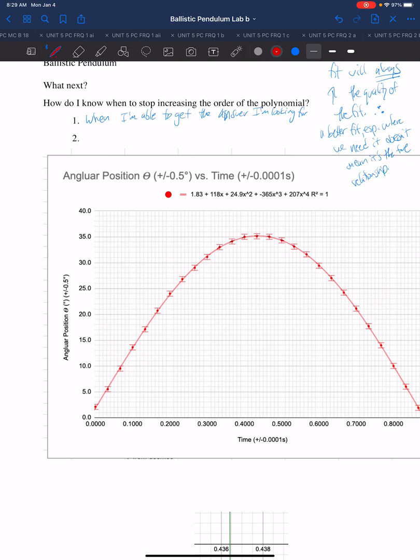And the second way we know is when there's no pattern in the residuals, especially where I need it most.